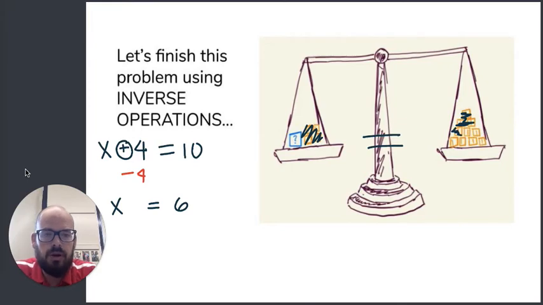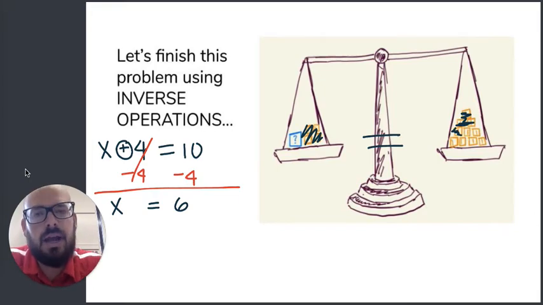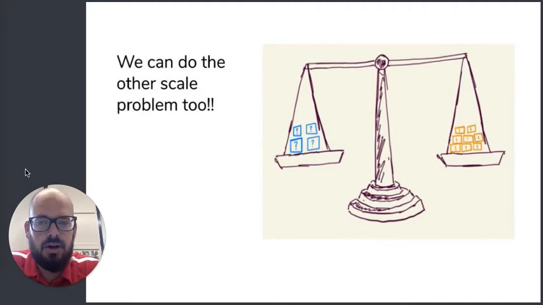So if we don't have blocks, we don't have a scale, if we just subtract 4 after adding 4, we're going to get back to just x, because plus 4 and minus 4 essentially cancel themselves out. Well, on the right side of the equation, 10 minus 4 is a math problem that we know how to do, and you're left with 6. So x equals 6.